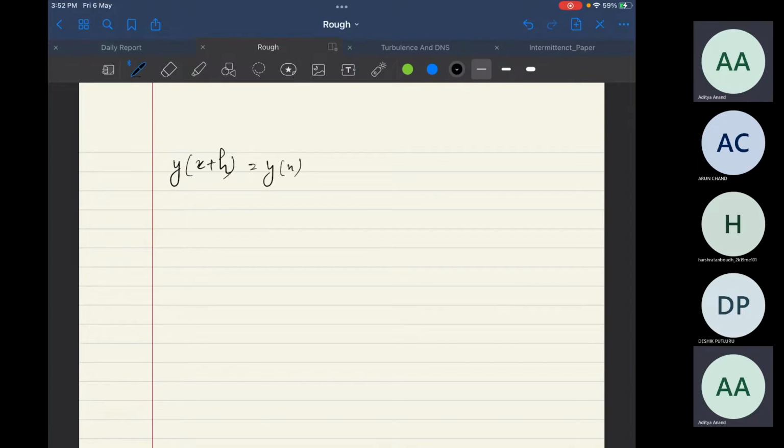So this would be y of x plus h times dy by dx plus h square by 2 factorial d2y by dx2, plus h cubed by 3 factorial, and you have your higher order terms.